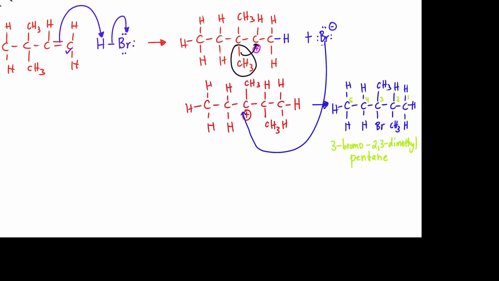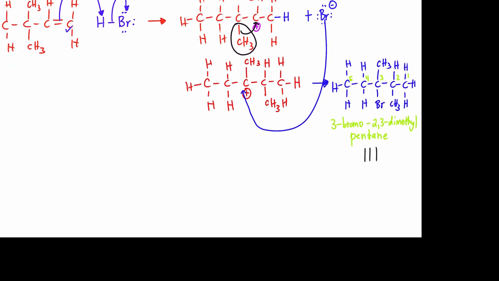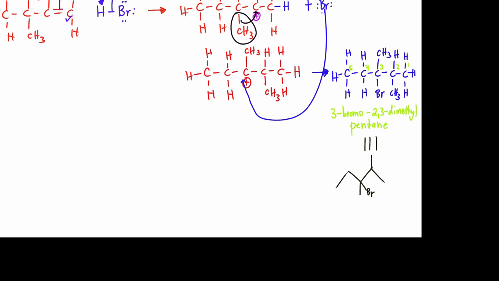So this structure is the same as, let's draw 5 carbons, 2, 3, 4, 5, and have that, and that, and that. So that's a kind of long explanation for the methyl shift. You need to be able to do the methyl shift.